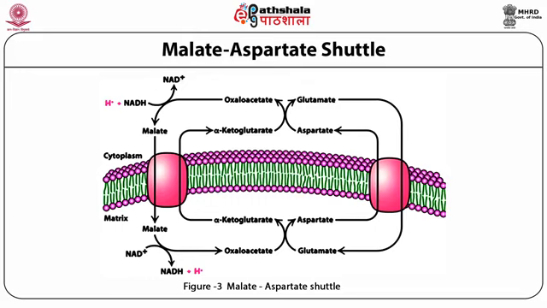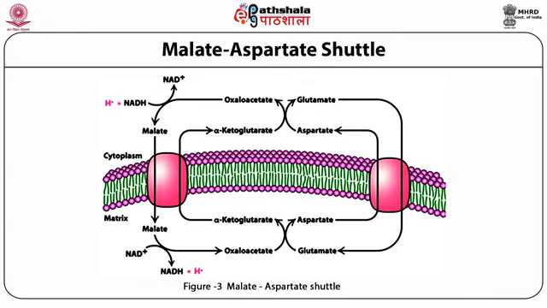The primary enzyme in the Malate-Aspartate Shuttle is malate dehydrogenase. First, in the cytosol, malate dehydrogenase catalyzes the reaction of oxaloacetate and NADH to produce malate and NAD+.